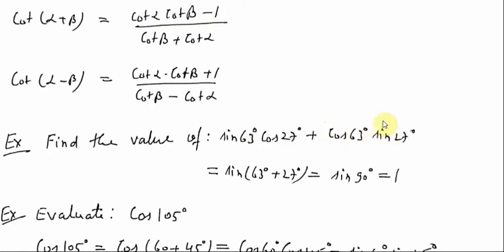So in place of this, we will write sine (alpha plus beta), where alpha is 63 and beta is 27. So we have 63 plus 27, that is 90, and sine 90 is equal to 1. So the value of the given expression is 1.